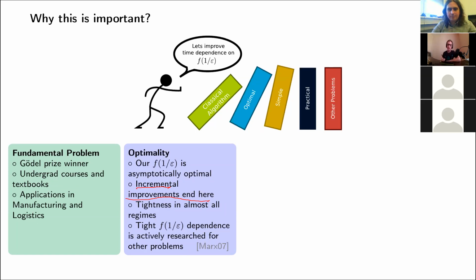And I want to point out that this f of 1 over epsilon dependence, and whether you can get optimal results, is actively researched for other problems, like, for example, TSP in planar graphs or independent set in planar graphs. We already have the fastest possible approximation schemes in their regimes, for example by Marx from 2007. And basically what we are doing in this paper is to move this line of work to other classical problems.